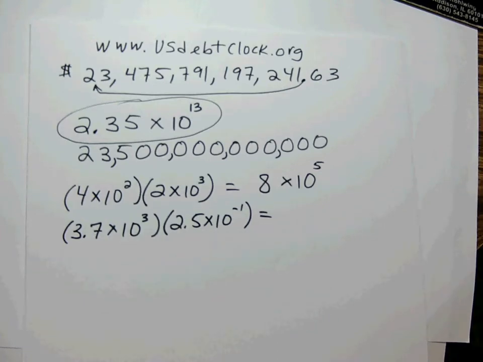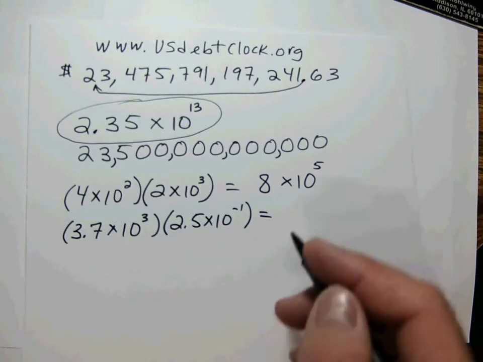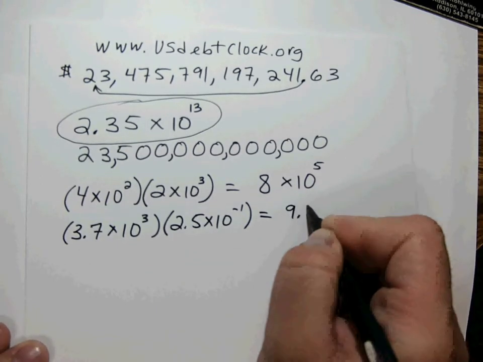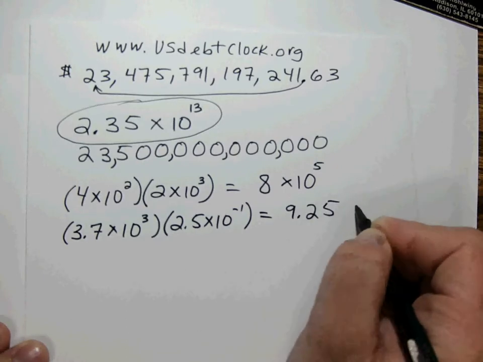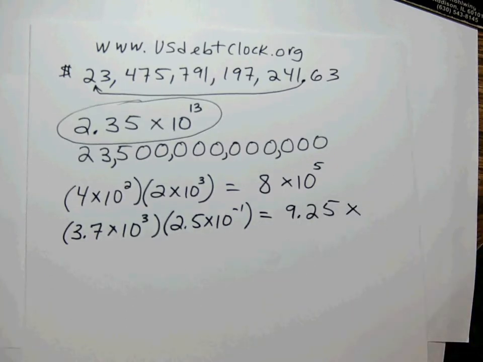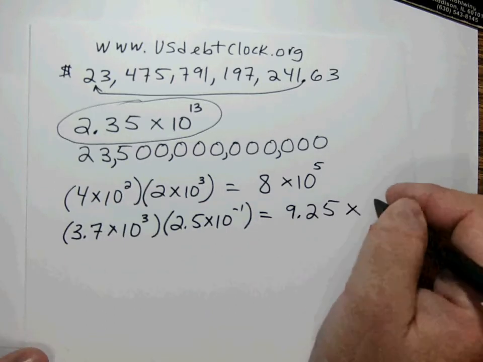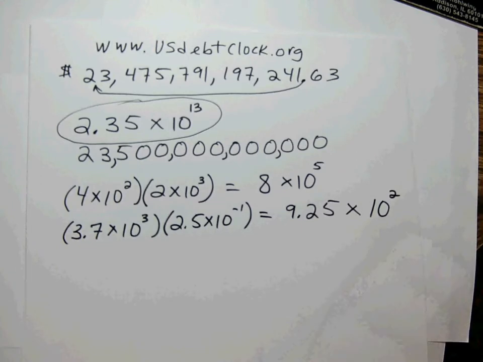And when I do that, I get 9.25, so we're still going to be okay as far as corrections go. Times some exponent. Now I've got 10 to the third times 10 to the negative 1, so I'm going to add those together and get 10 to the second power. Okay, so far so good.